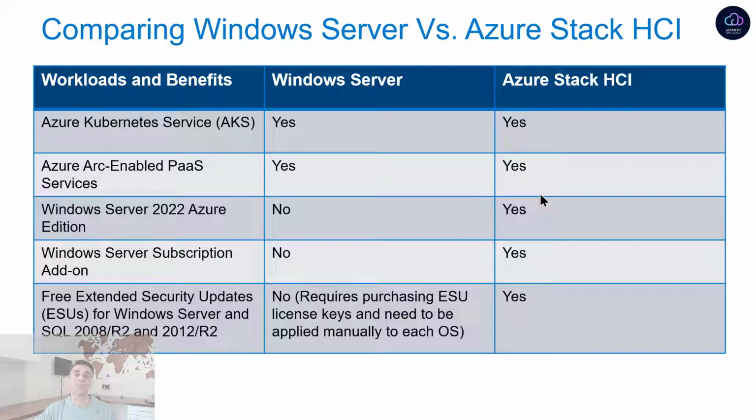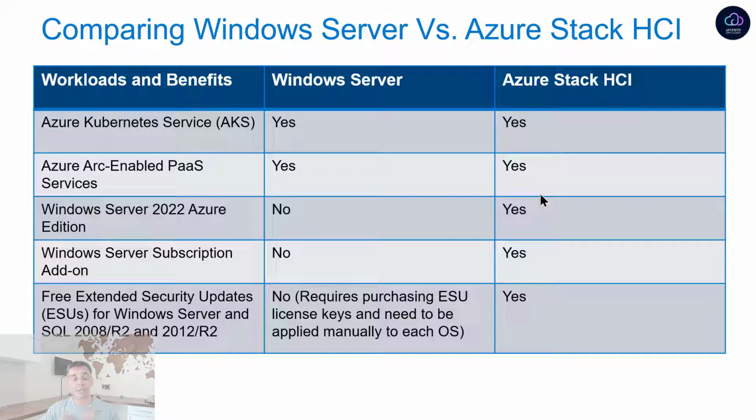The other option that customers have outside of BYOL is to purchase the Windows Server subscription right from Azure. They can do this right from the Windows Admin Center, or they can go into the Azure Stack HCI resource in public Azure using Azure Arc, and then buy their subscription-based Windows Server licenses directly.